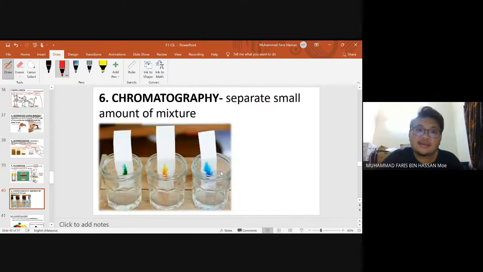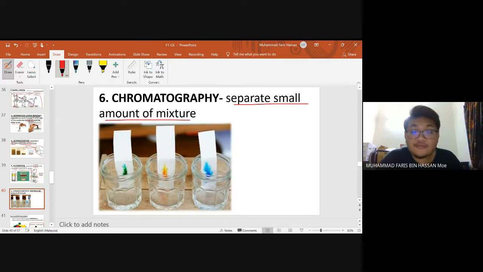Okay, and the last one is the chromatography method, which is a method to separate a small amount of mixture. Chromatography is usually used to check document fraud by separating the colors from the ink used.